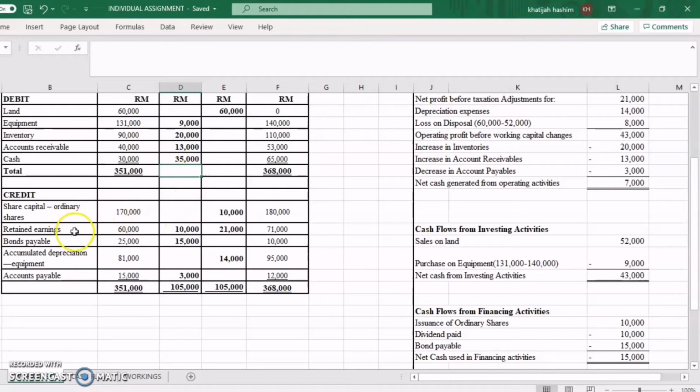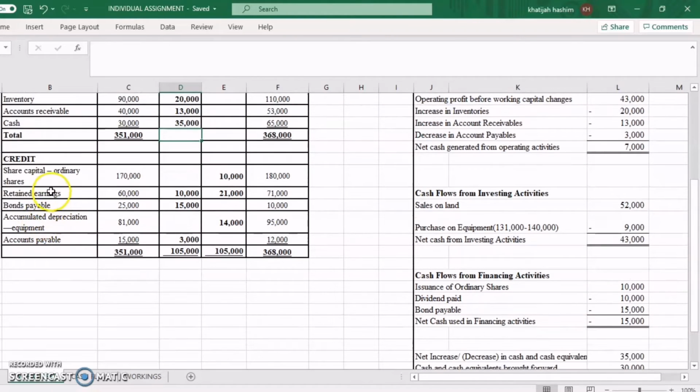Now I want to talk about share capital of ordinary shares. That account shows an increase amounting to 10,000. So we assume that there is a new issuance of shares for this account. For retained earnings, there are two reconciliation items, on the debit side and the credit side.